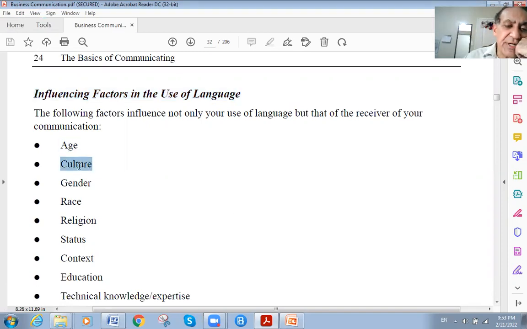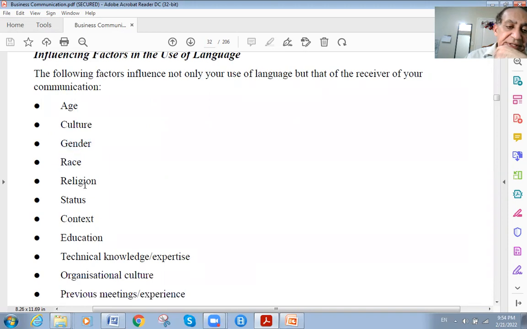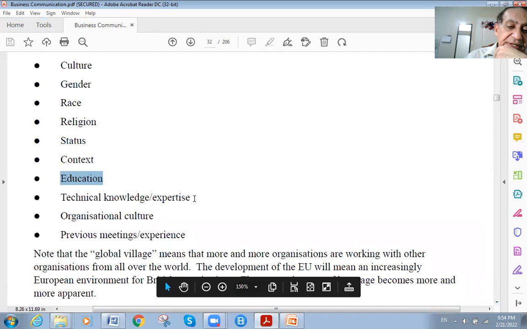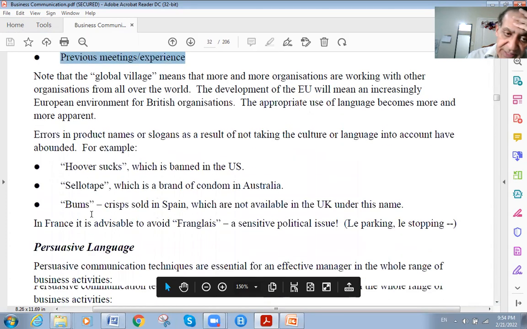The age, the culture, the gender, the race, the religion, the status, the context, the education, the technical knowledge, the organizational cultures, and the previous meetings or experience.